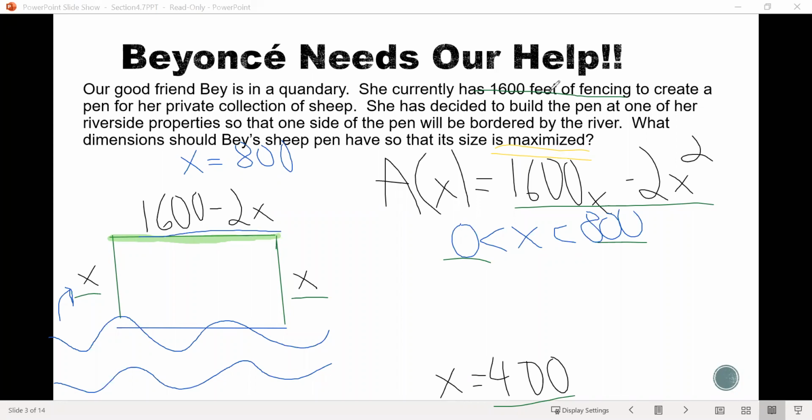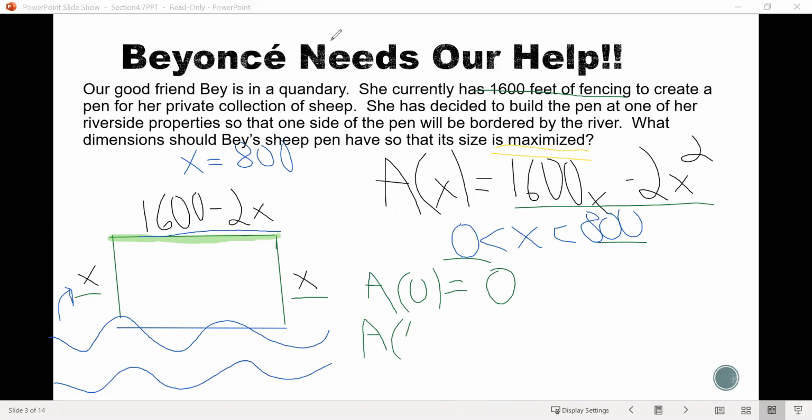And in this case, it might be obvious which value this is going to be. Let's still check them. So I'll do A of 0. If I plug 0 in up there for x, I'm going to end up with 0, so that's probably not our max. If I plug in 400, I'm doing this in my calculator, I get 320,000.